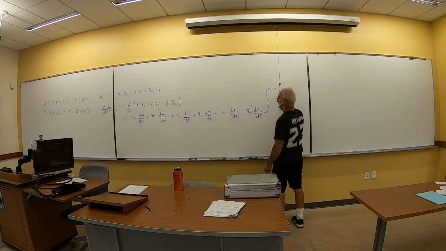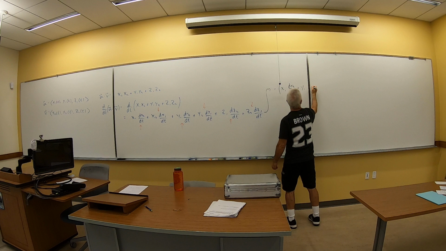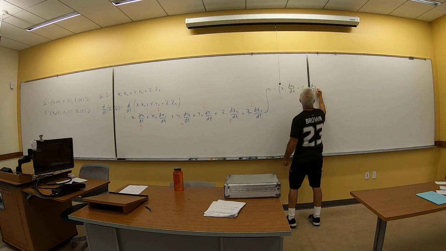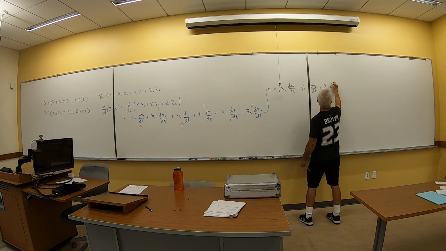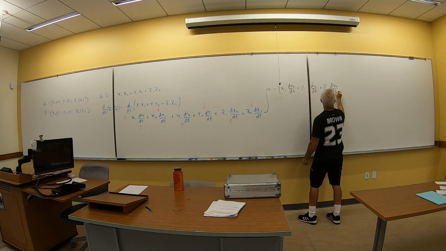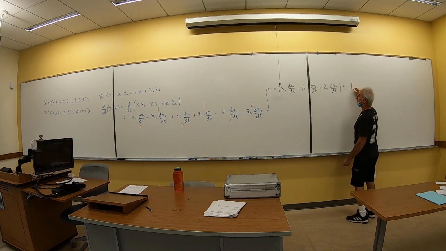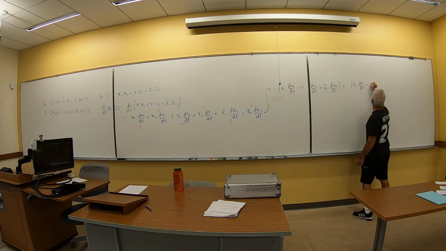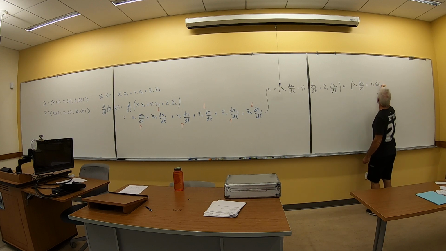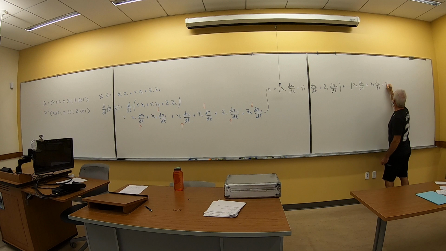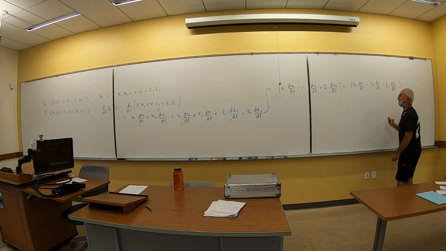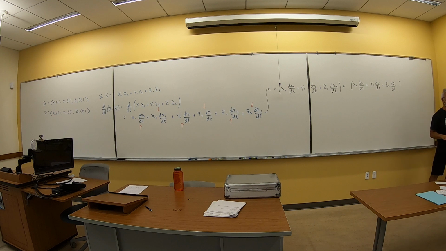So the first one would be x1 dx2/dt plus y1 dy2/dt plus z1 dz2/dt, plus, and then the second one would be x2 dx1/dt plus y2 dy1/dt plus z2 dz1/dt. Okay, right, because addition is commutative.